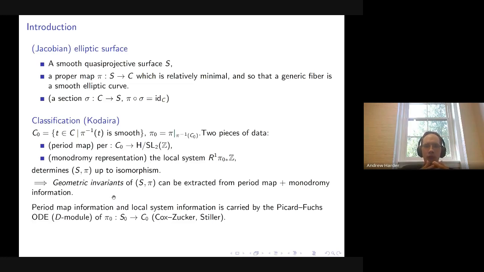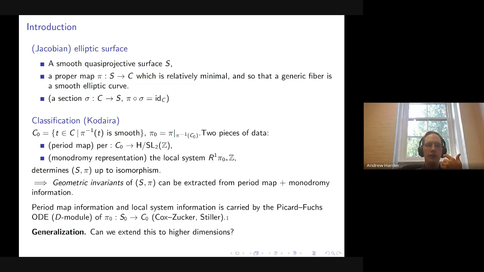So how do you actually extract information from this? I don't know if Cox and Zucker actually did very much, but Stiller certainly focused on Picard Fuchs equations and how to extract geometric information from that. Okay, so this is the background.